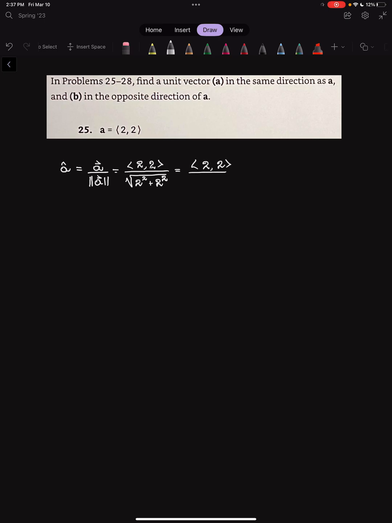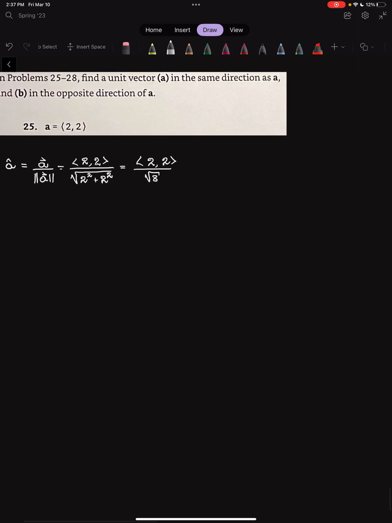It's going to be the square root of 4 plus 4, which is the square root of 8. Now remember, we don't really have on the numerator the magnitude that we're trying to divide in order to get 1. But we have the sides, and we know that they'll be scaled accordingly, so that they'll preserve the direction of the original A vector.